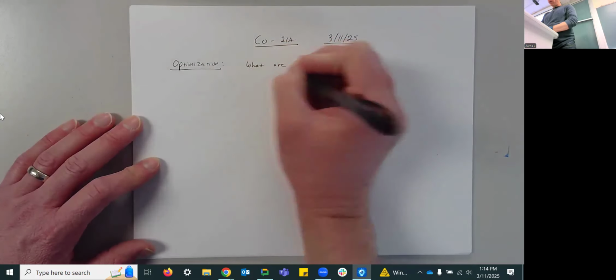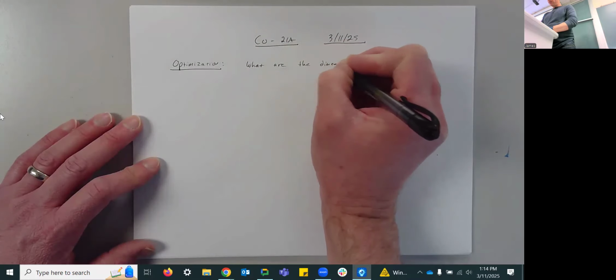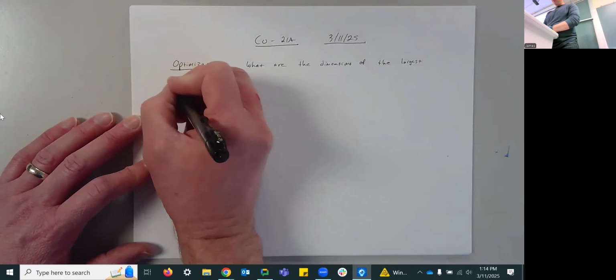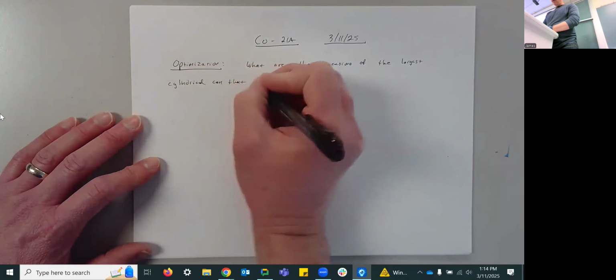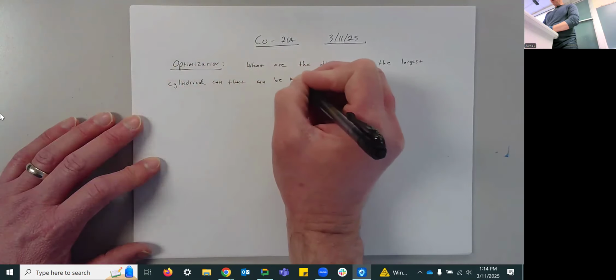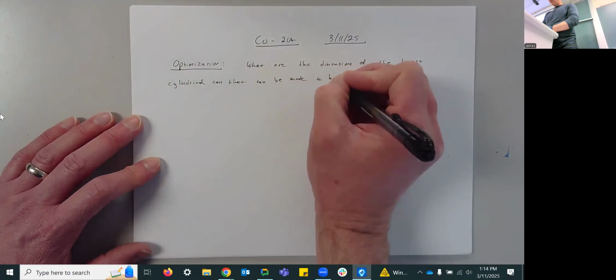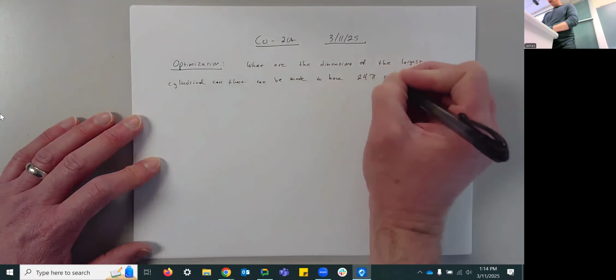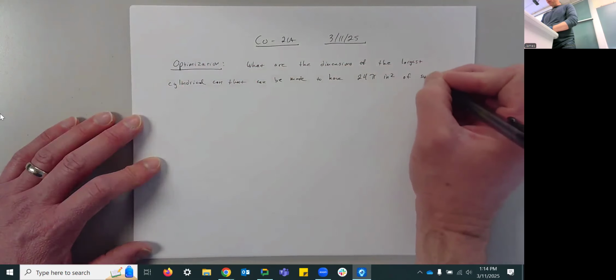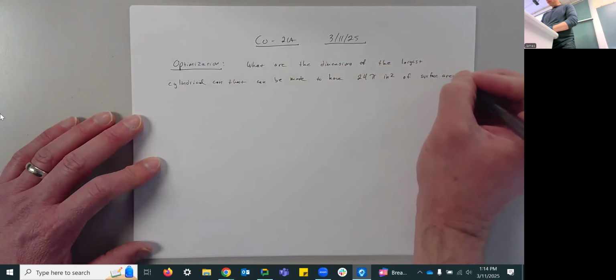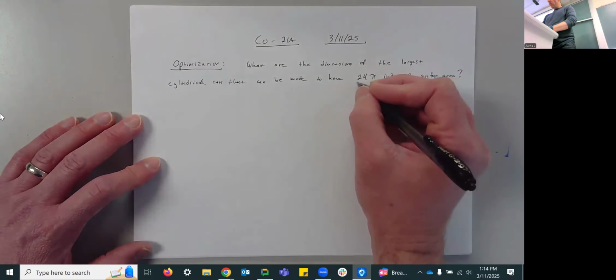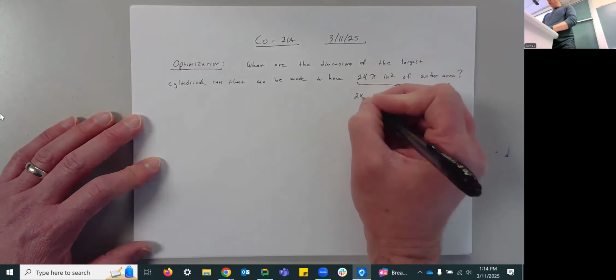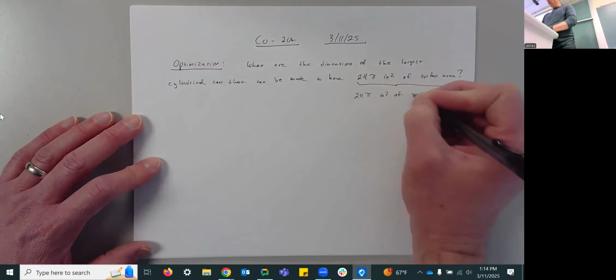What are the dimensions of the largest, and we'll talk about that in a second, cylindrical can that can be made to have 24 pi square inches of surface area. Or phrased another way, 24 pi square inches of material.